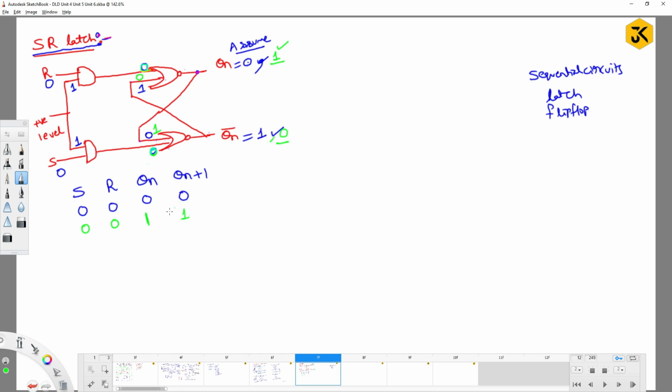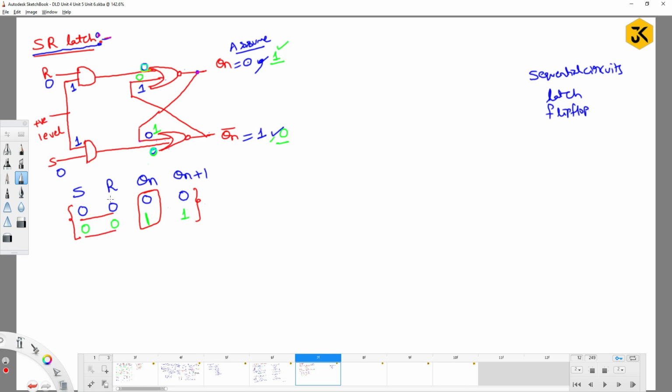What is the meaning of this? When the inputs are 0, 0, the outputs depend purely on Q1. Whatever the previous outputs were, we get the same outputs for the next state if we pass 0, 0 as input.